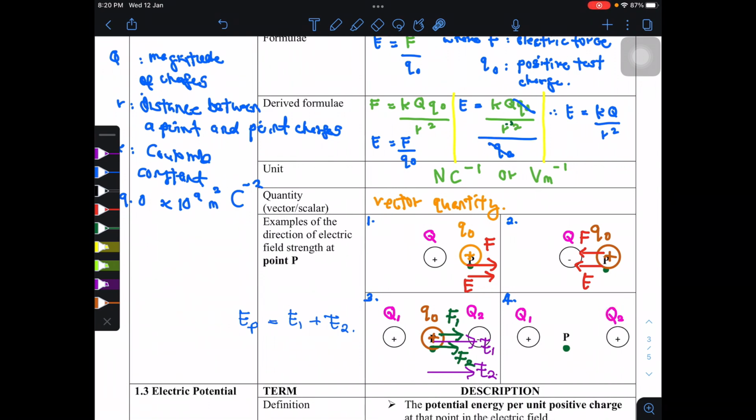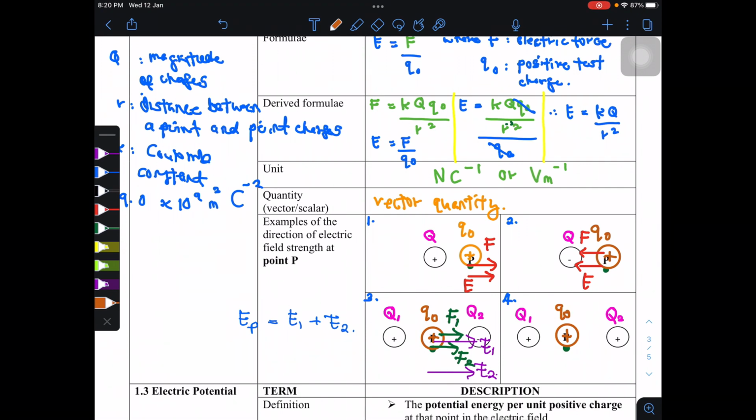To show the direction of the electric field strength at point P, I will put a positive test charge at point P. You just draw a positive test charge at point P, and we label it as Q0.